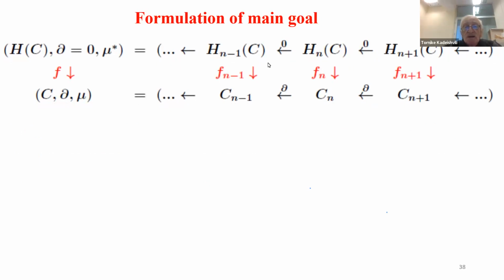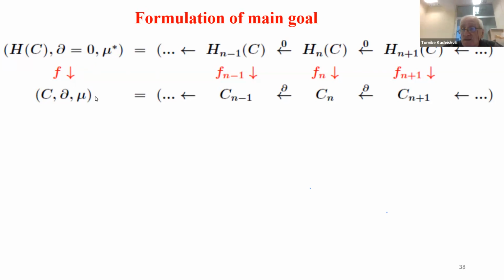You see why? We can easily construct a chain map from it: to each element of homology, an equivalence class, choose a cycle. Cycle choosing, cycle choosing, cycle choosing. We choose cycles. And it is easy to see that the diagram is commutative, so this is a chain map. Maybe this induces an isomorphism in homology.